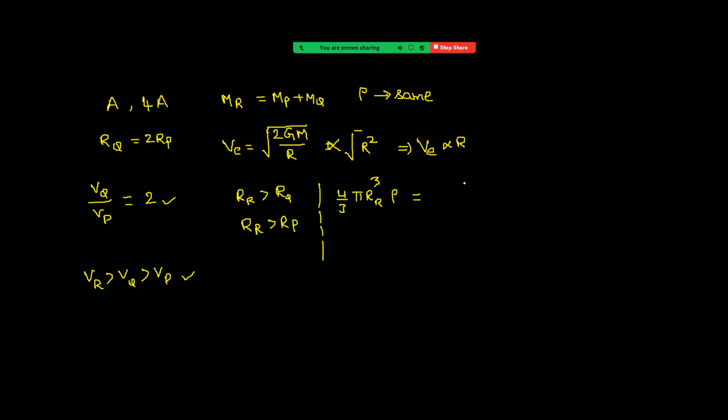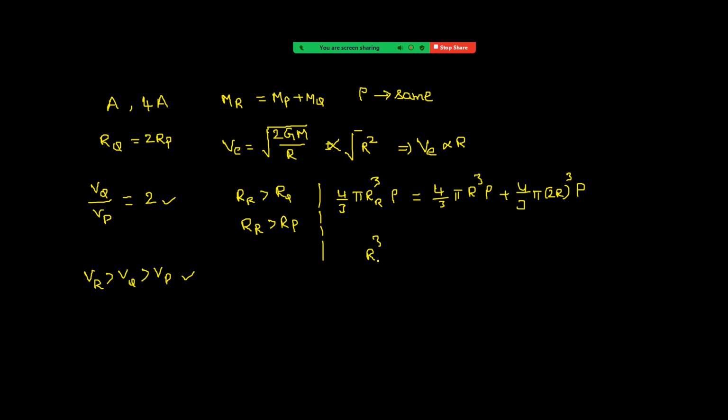That is equal to, for P, 4 by 3 pi R cube into rho, plus 4 by 3 pi, it is now 2R, 2R whole cube into rho. Check it once. For Q, the radius is 2 times that of P. So throughout, 4 by 3 pi gets cancelled, rho gets cancelled.